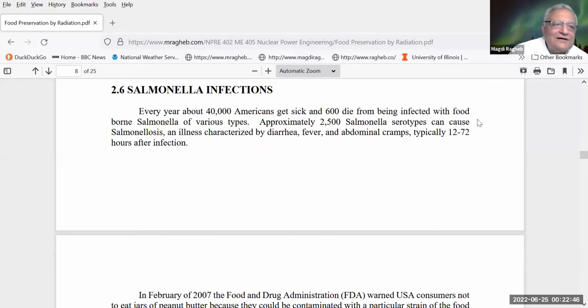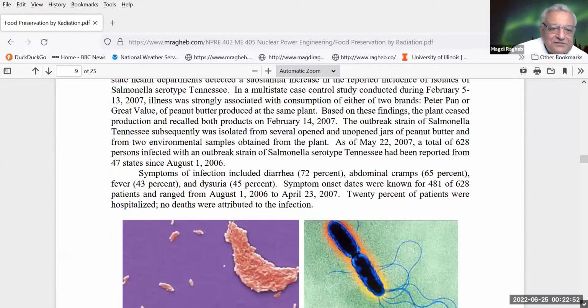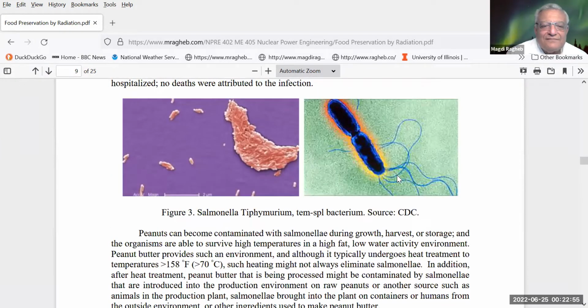Other than the E. coli, we have the Salmonella. You read about this every once in a while. Here is a picture of the Salmonella from the CDC, the Centers for Disease Control. The infection by Salmonella happens primarily in shredded lettuce and in peanuts.